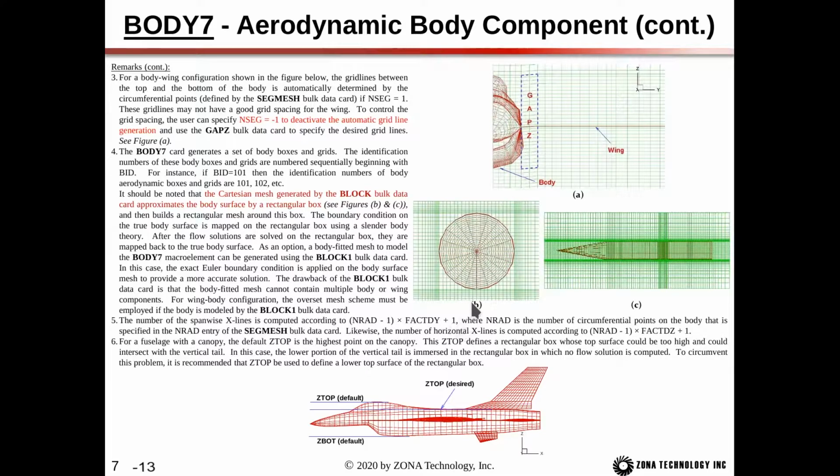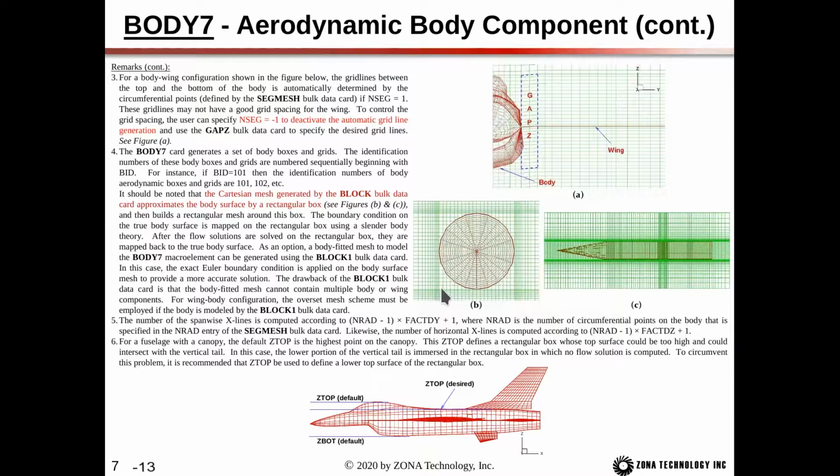Now, in figure B, we have a body alone. Here we have nseg equal to +1, so ZEUS will automatically fill in these grid lines in this vertical direction. Furthermore, fact dy and fact dz are used. If we count the number of circumferential grid points here, we've got 21 around the circumference.